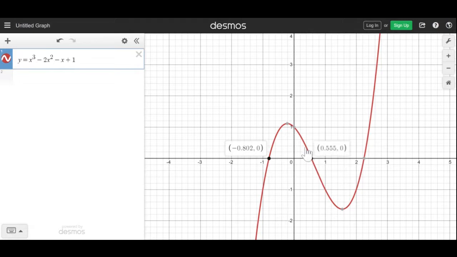The next is the first positive zero, and then the second positive zero, which is the third zero here. So there are 3 since we have a power of 3 there.